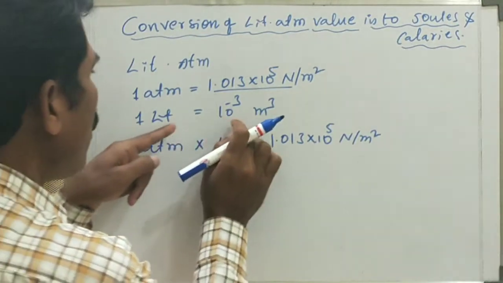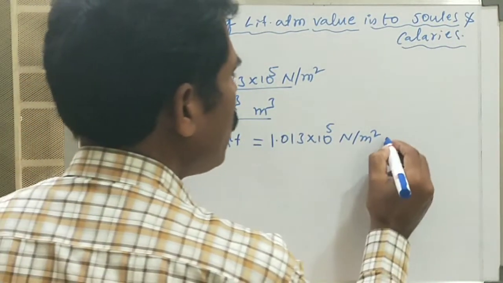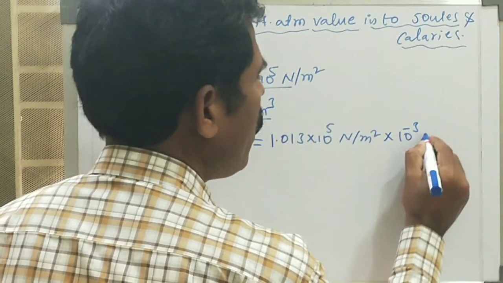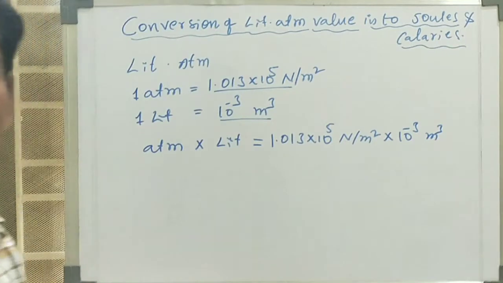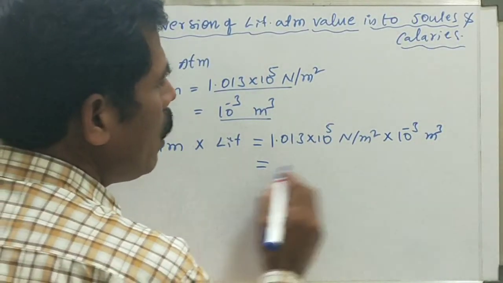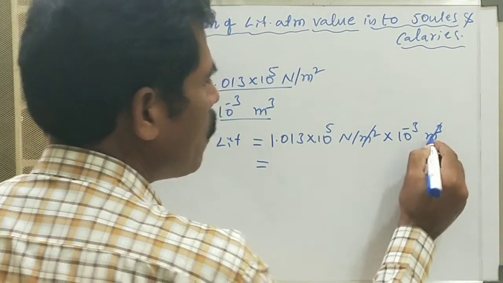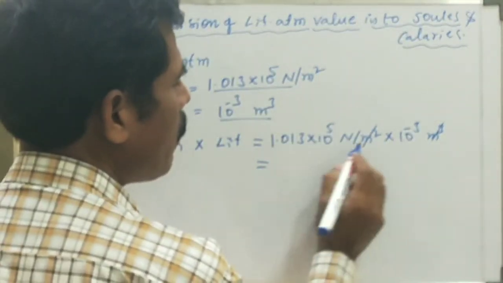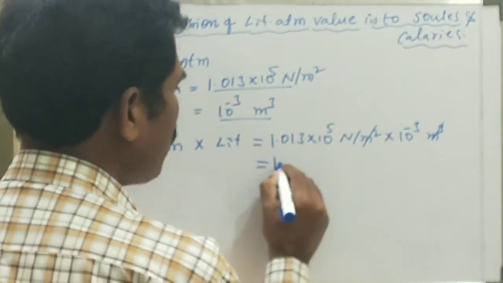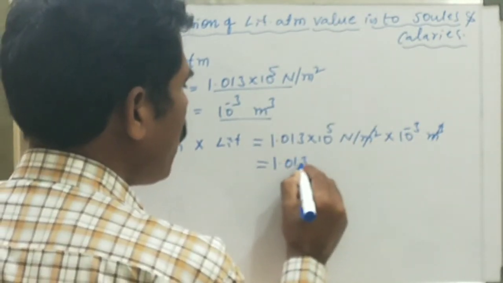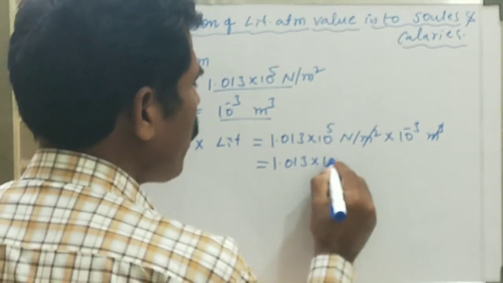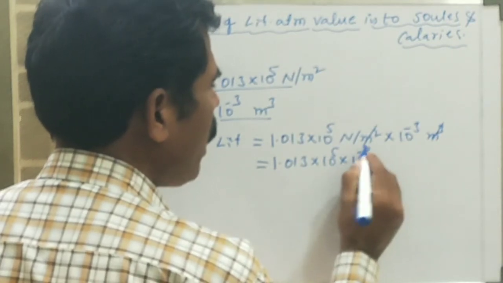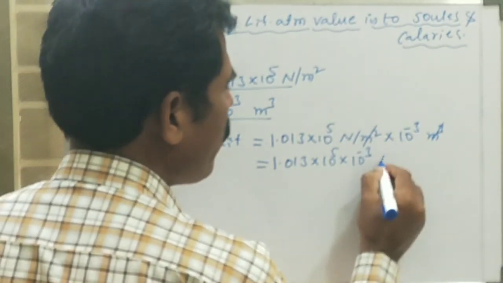Then 1 liter is into 10 to the power of -3 meter cube. A meter square and a meter cube, so 1 meter is left. So we can write 1.013 into 10 to the power of 5 into 10 to the power of -3 Newton meter.